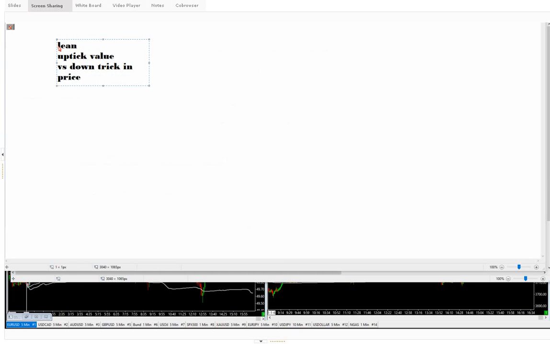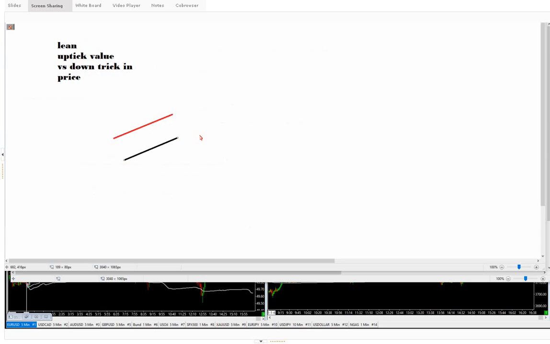Now, that seems like a perfectly reasonable lean, doesn't it? Until something like this happens, of course, right? So here's your value line. So this is your value line here. And this is your price line. So what's your trade at the moment?